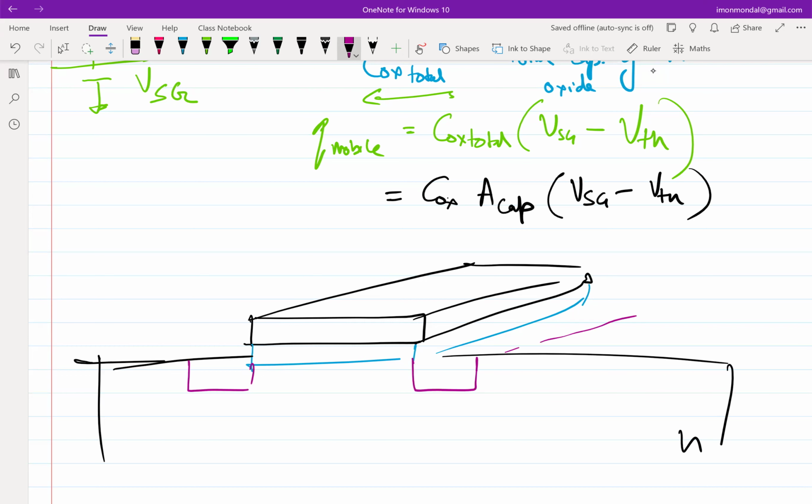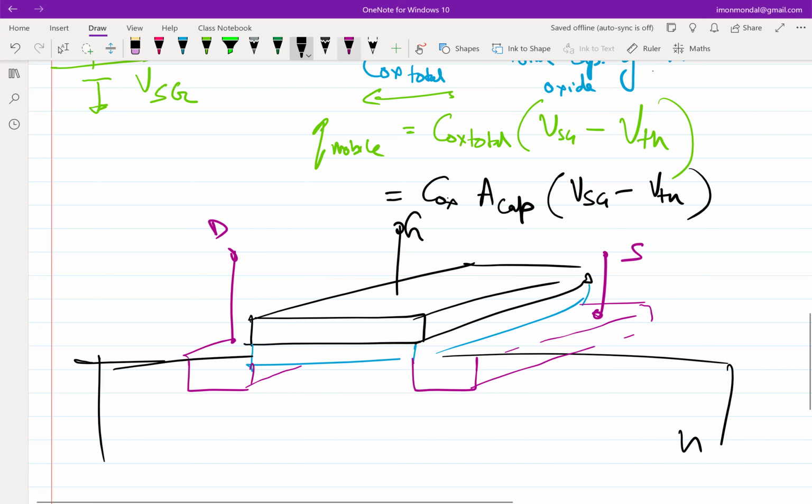So this essentially becomes the source terminal. This becomes the drain terminal. This becomes the gate terminal. And you see now the area of the capacitor becomes apparent, right?